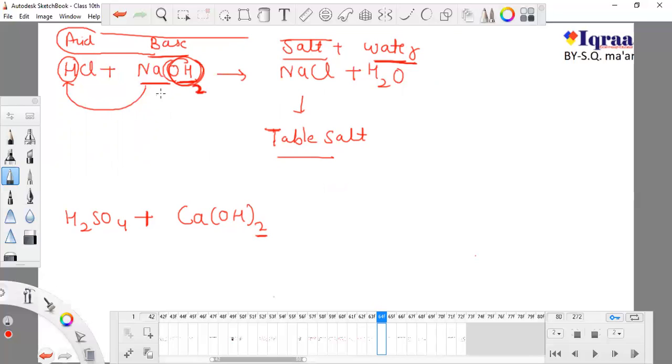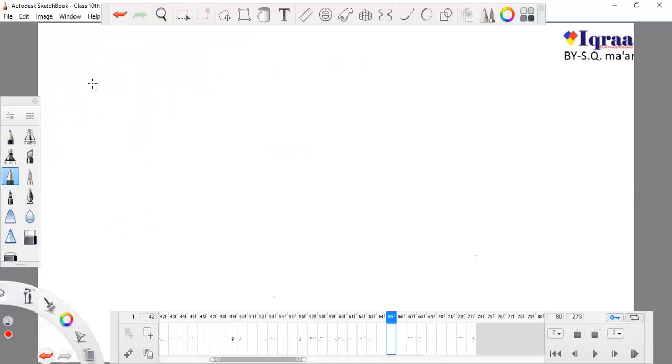Why so? Because it is something chemical formula. You have to learn chemical formulas, or if I get time I will make you understand why I'm using 2 here and why I'm not using 2 here. Okay, let me explain. Remember that I want to make something from NaCl.